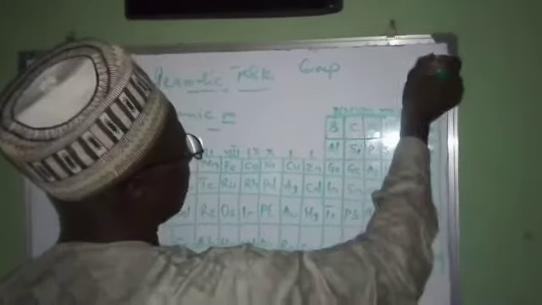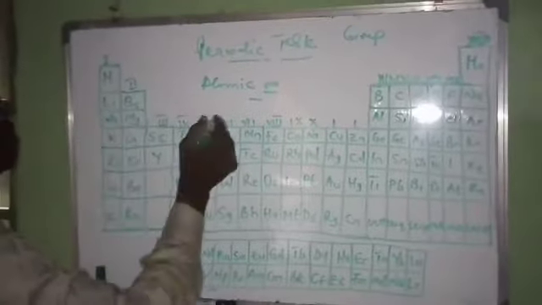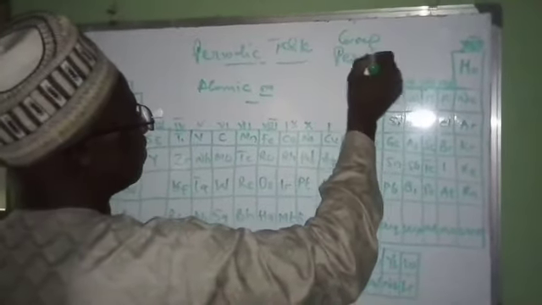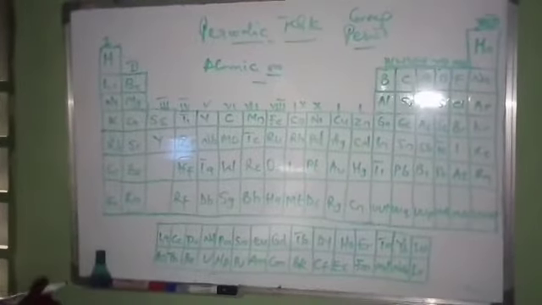That is, altogether we have 18 groups in the periodic table, and we have what is known as the period. The period is the horizontal portion of the periodic table. We have our period 1, period 2, down to period 7.